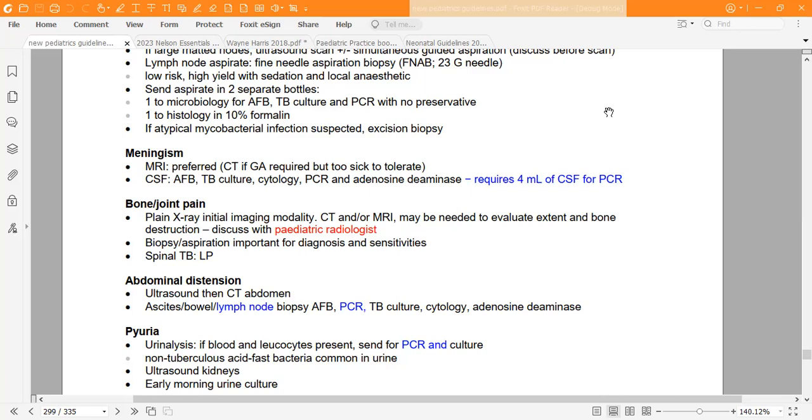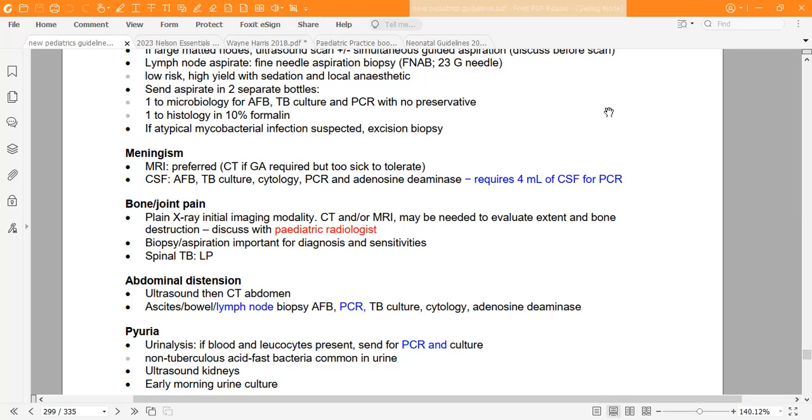Okay, what if the patient has a bone or joint pain? What should I do? Basically, I will do plain X-ray, the initial imaging modality. CT and or MRI may be needed to evaluate extent and bone destruction. Discuss with pediatric radiologist.